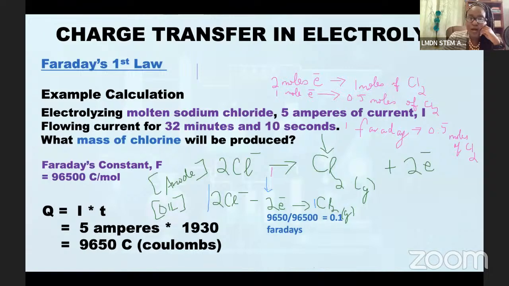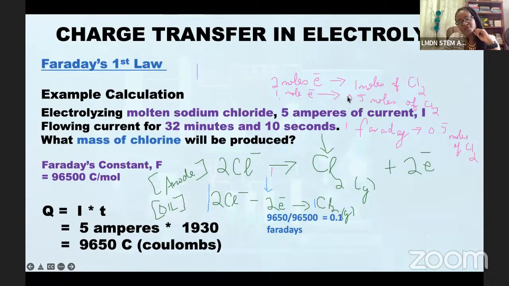So the 2 moles of electrons to 1 mole of chlorine molecule is coming from this equation. That's your basic mole equation. And we can also write that as 1 mole of electrons goes to 0.5 moles of chlorine molecule, because it's 2 to 1, right?